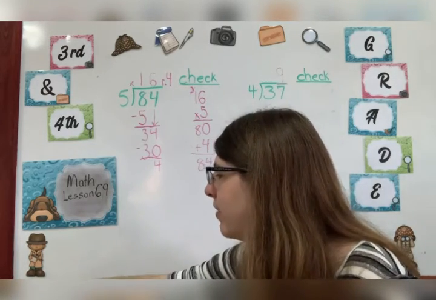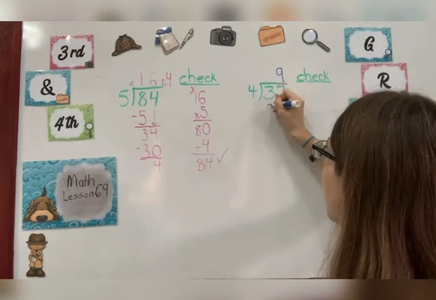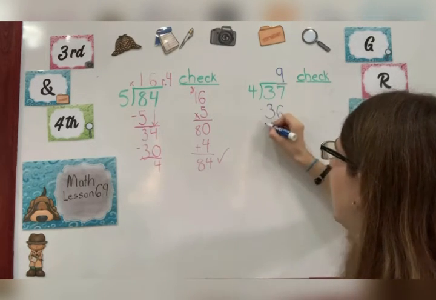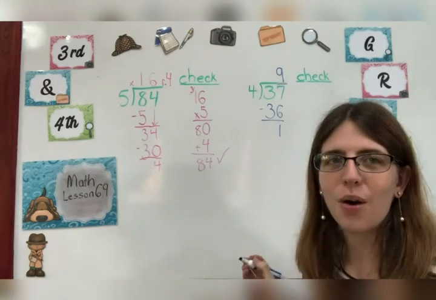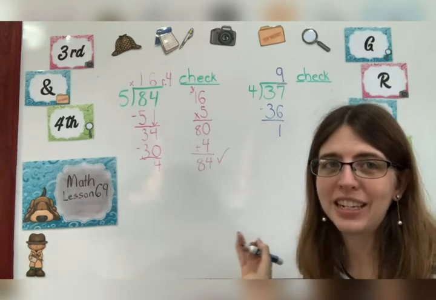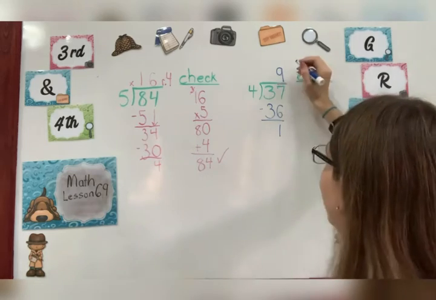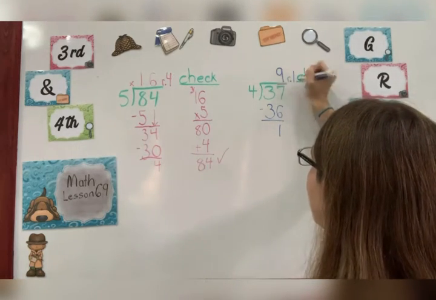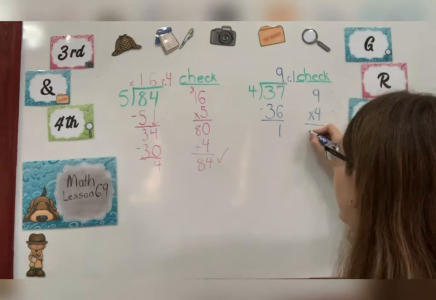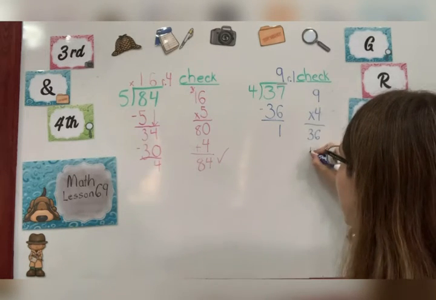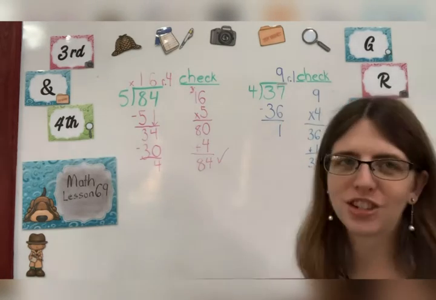Let's see, I'm going to multiply. 9 times 4 is 36. 37 minus 36 is 1. 1 is less than 4. So I know I can't bring anything down, there's nothing to bring down. But I know I'm done here, so since I have a number left over and there's nothing left, that is my remainder. So to check, I'll multiply 9 times 4, which I know is 36, add my remainder, which gives me 37. My numbers match.